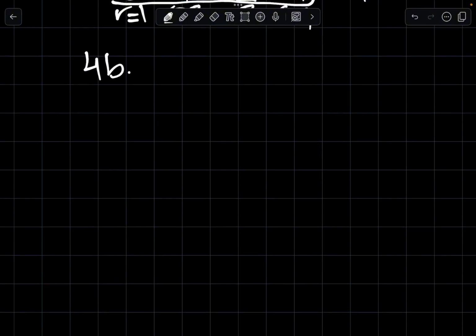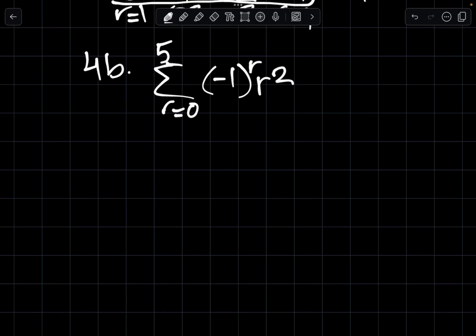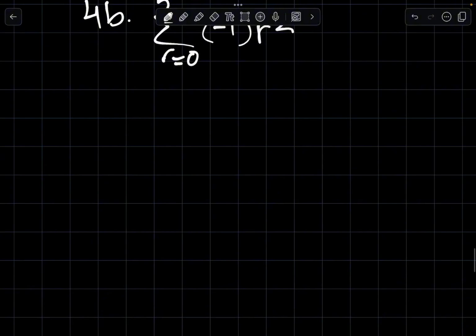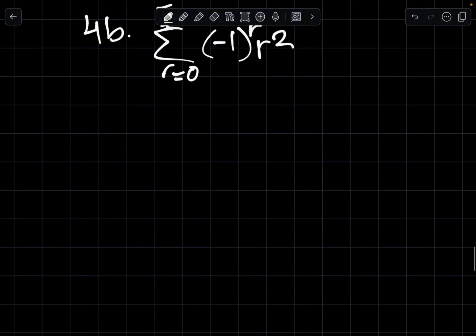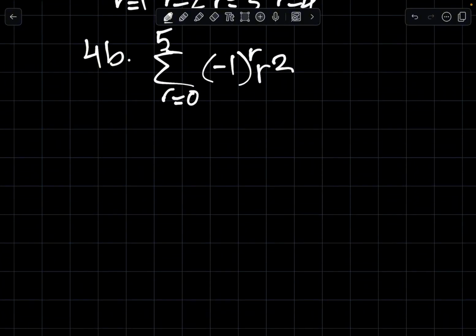4b, we have the summation from r equals 0 this time, till 5. It gives us this series of negative 1 to the power of r times r squared. So let's write it out a bit.